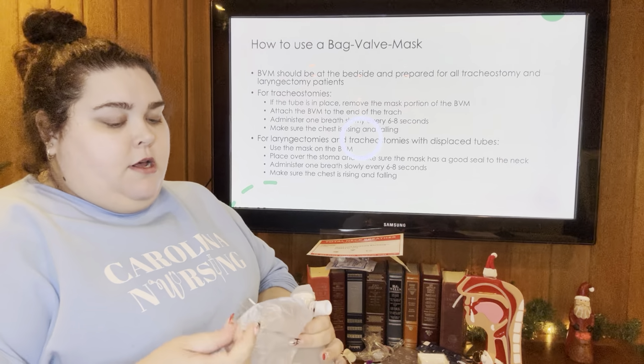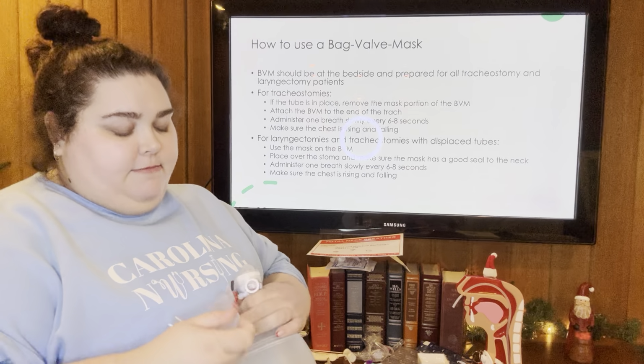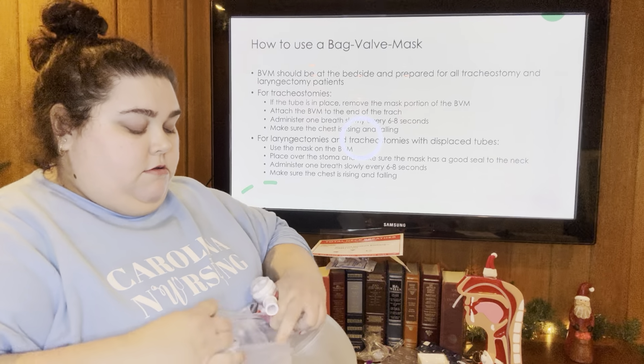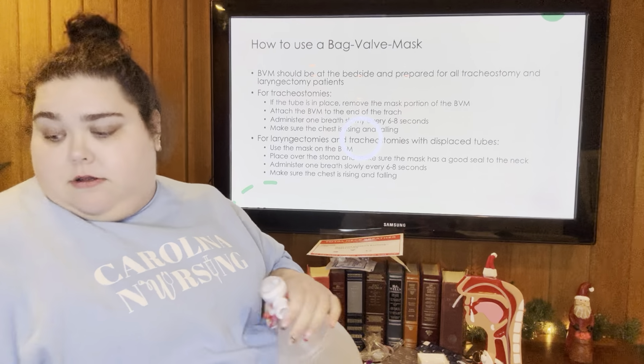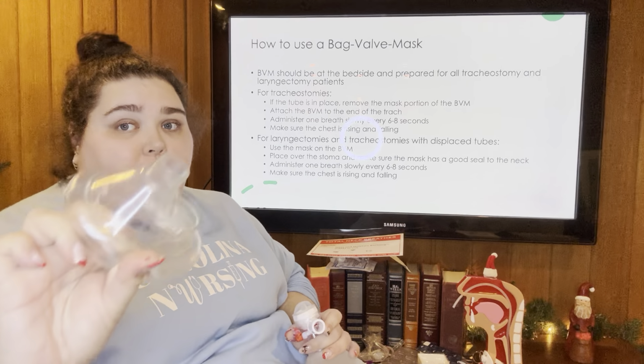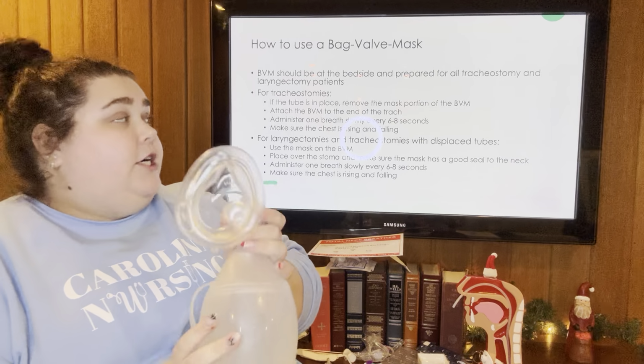Like we've been talking about, if you have to ventilate the patient on the stoma, you're going to use the mask adapter. That's going to just click onto the end here.